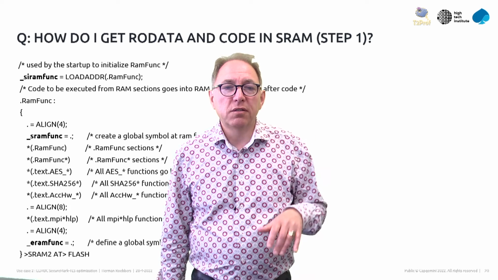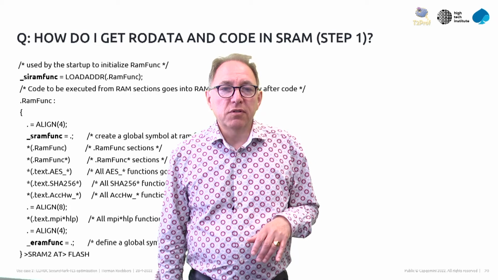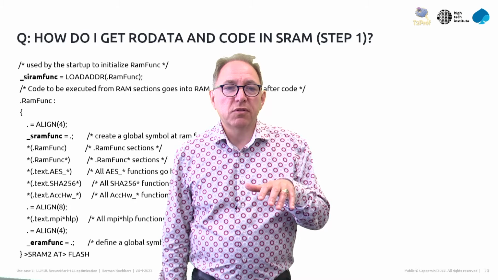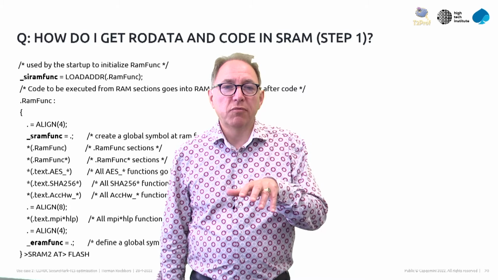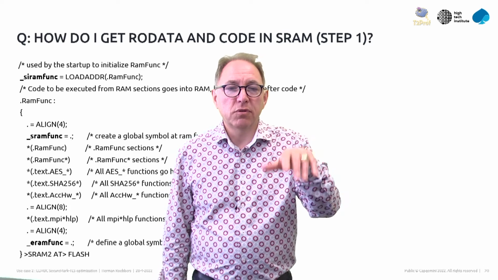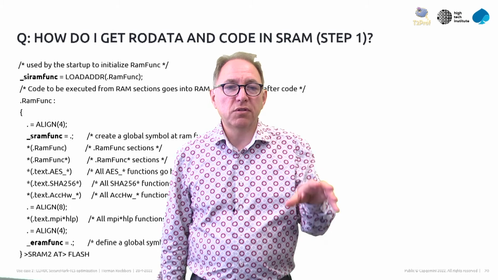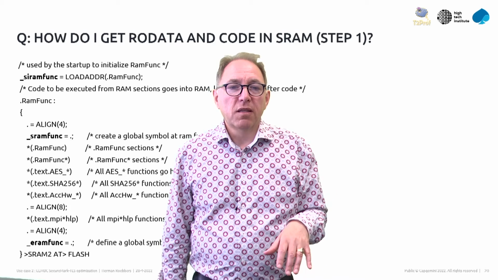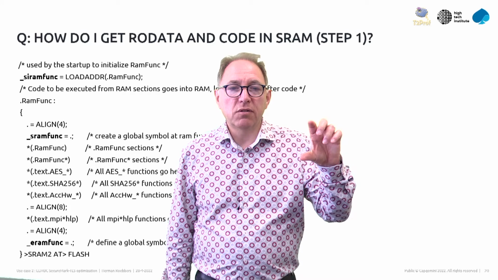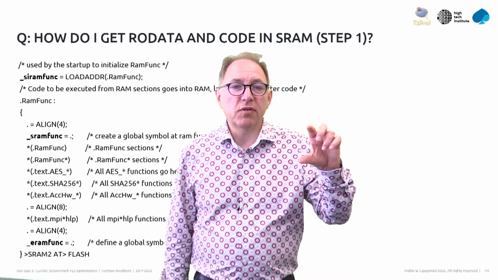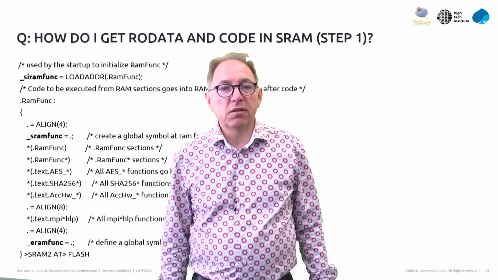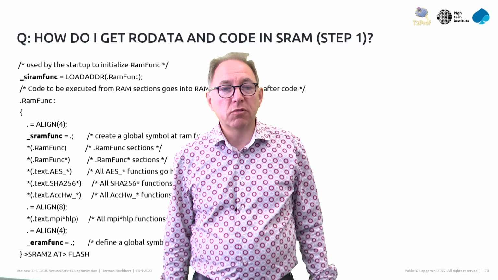You add some lines to the linker definition file that actually say, okay, if we have a segment called .ramfunc, then it has a start, and we put all the various functions in this section, and then at the end we know this is the start and the end where these things live in the flash, and then we copy them from there to RAM, and then they can run, they can be called.